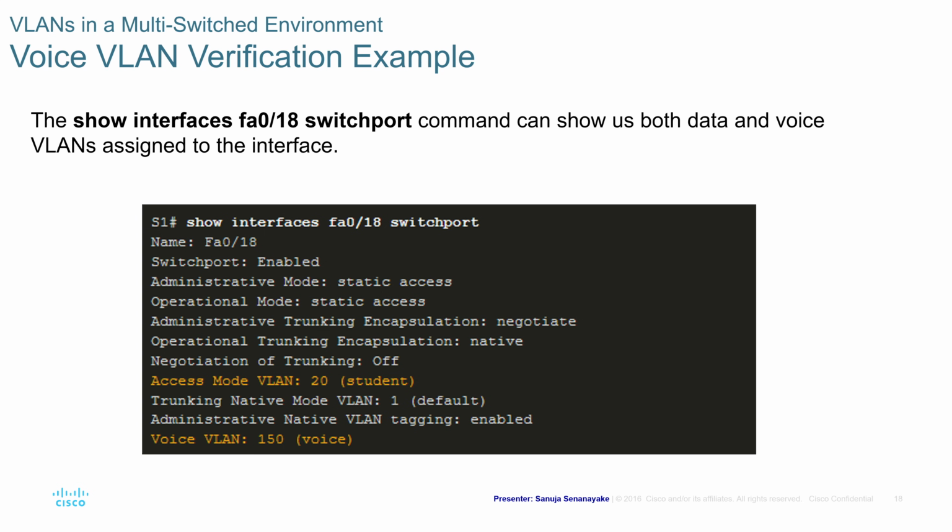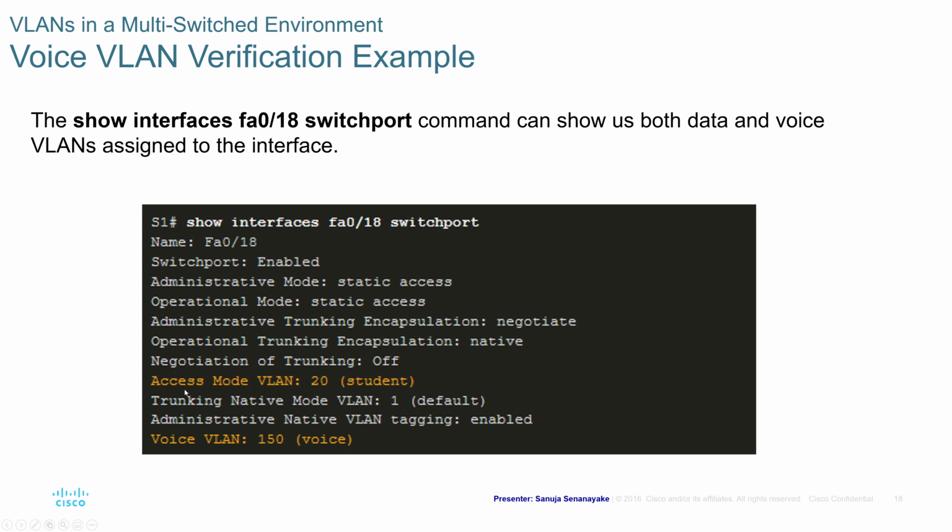A voice VLAN verification example is shown here in this slide. The show interface FA0/18 switchport command is used on a Cisco switch to check the data and voice VLANs assigned to that interface. This interface is carrying both voice and data, so it has the voice information and the data information.